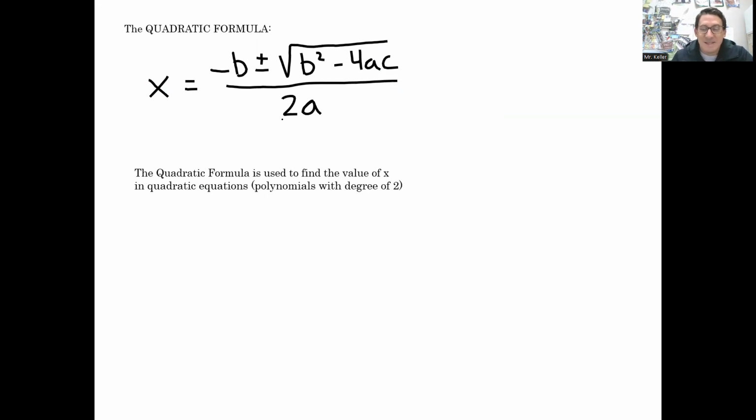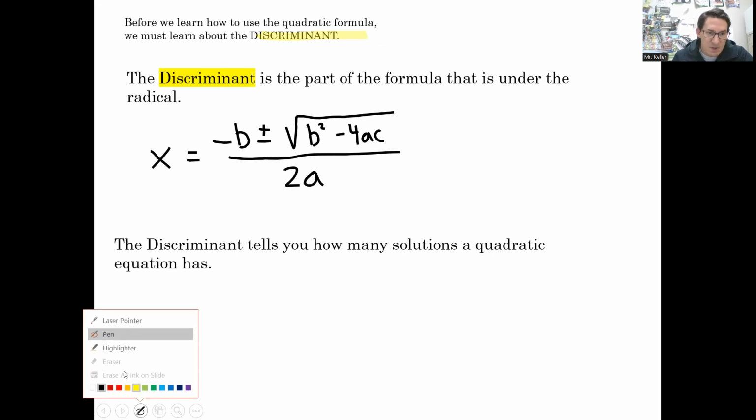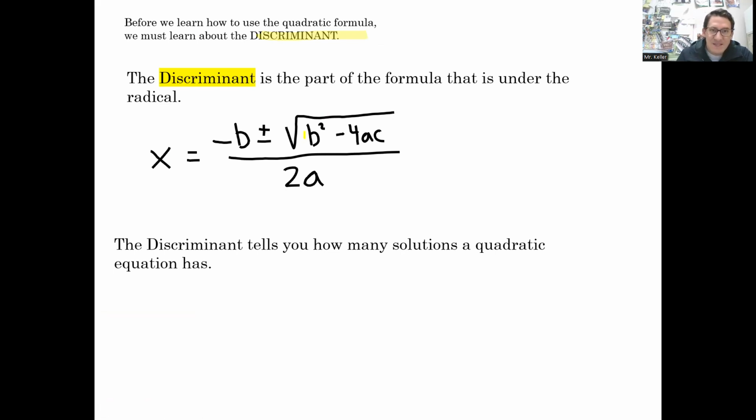So the a, b, and c all come from the quadratic equation, and this is for polynomials with degree 2. Before we get into actually using it, we are going to do the discriminant first. The discriminant is this part that's underneath the radical.